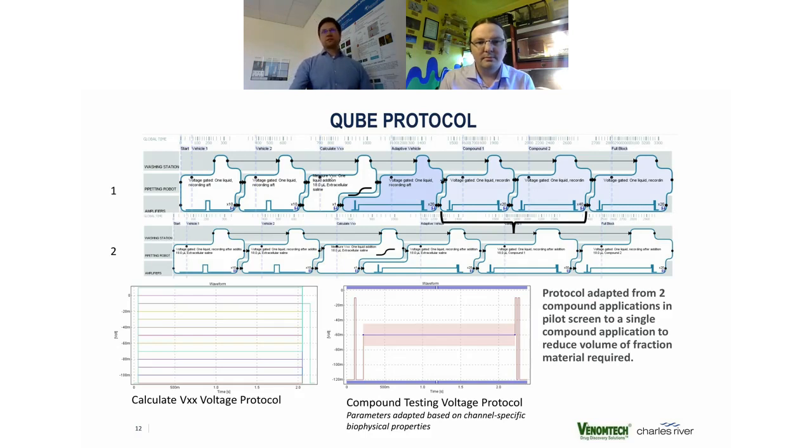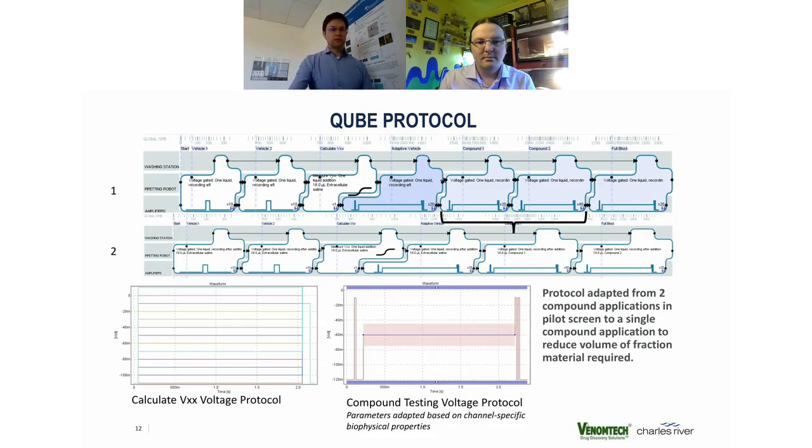That voltage is then fed into the subsequent voltage blocks, and you can see it in the bottom middle in the pink zone, where for this period of the protocol we can either use the determined V half of inactivation, or if that determination is outside acceptable limits, then it will use a fixed voltage.